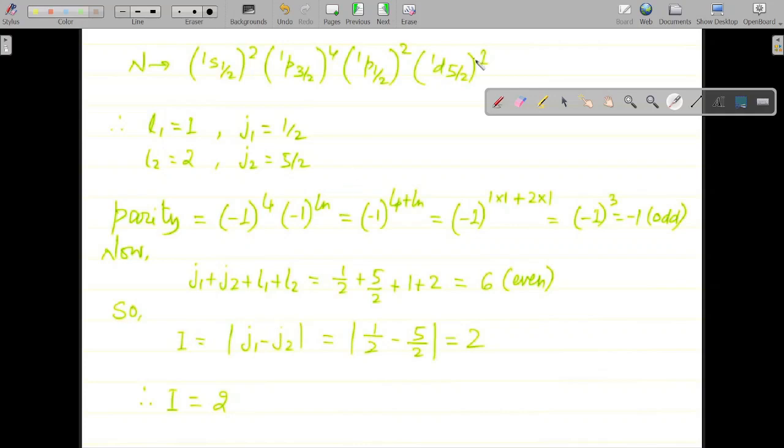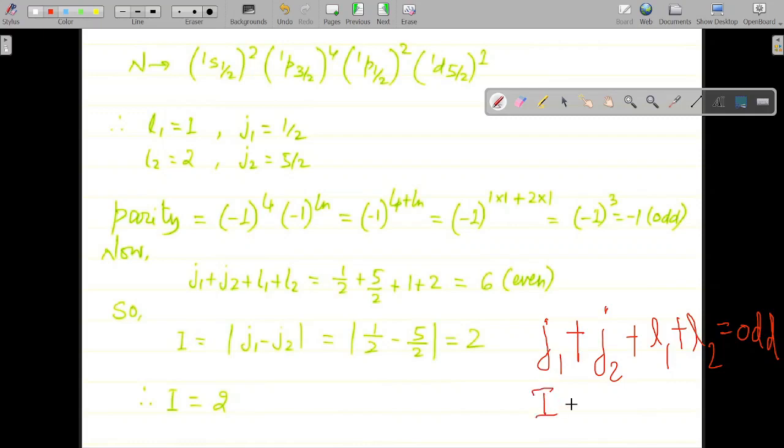So write a note over here that when J1 plus J2 plus L1 plus L2 is odd, then I is equal to J1 plus J2.